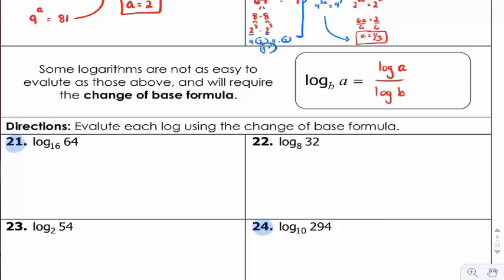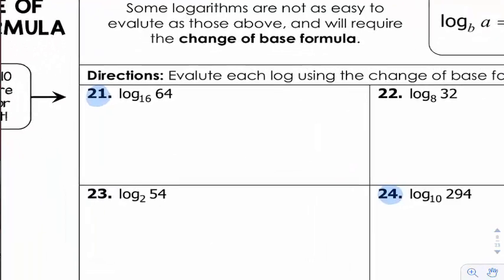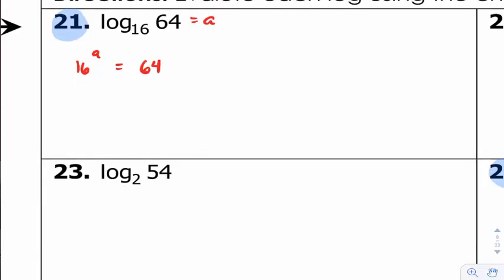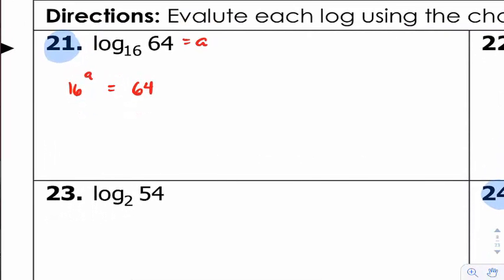So with this, if I was going to use my calculator to evaluate these logs, I couldn't always just write this. Don't write this down, but I just want to show you what I'm doing. If I went 16 to the a equals 64, and you have a nice answer and you can break these down, then obviously we can do that. This would be 4 squared to the a power, so that's 4 to the 2a.